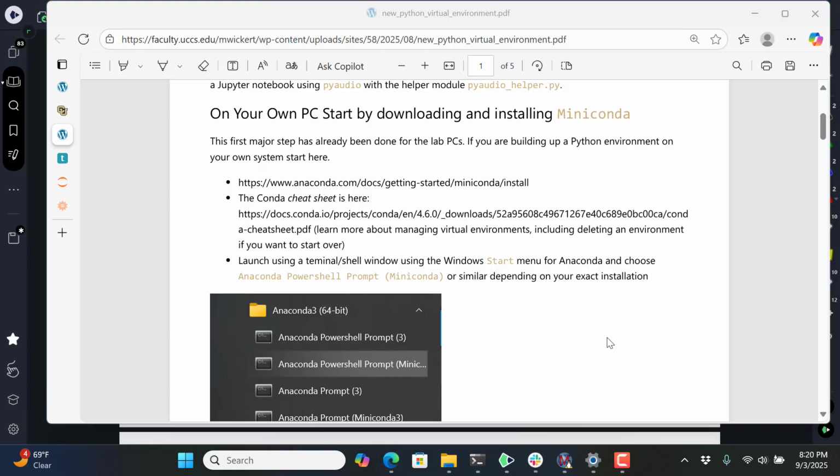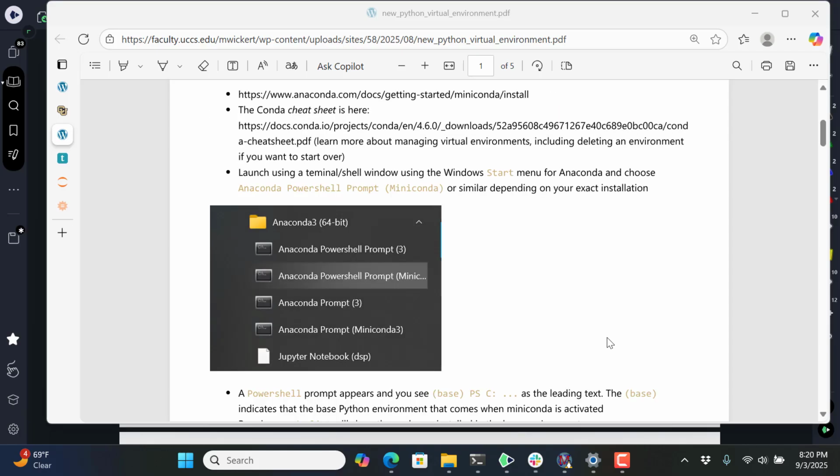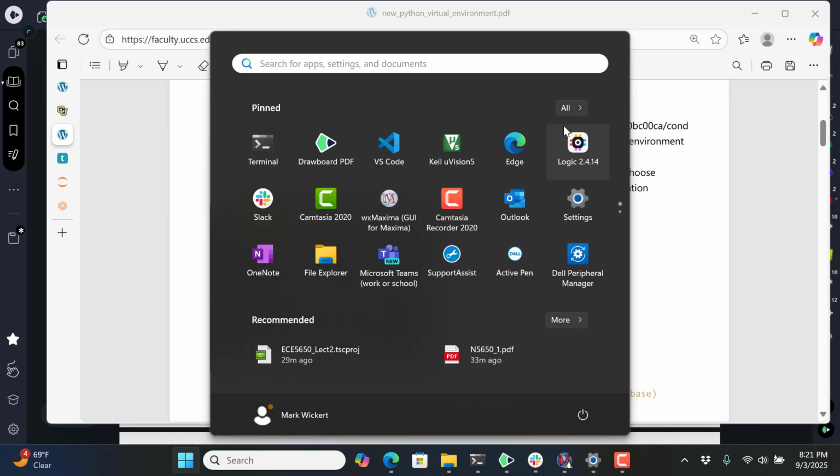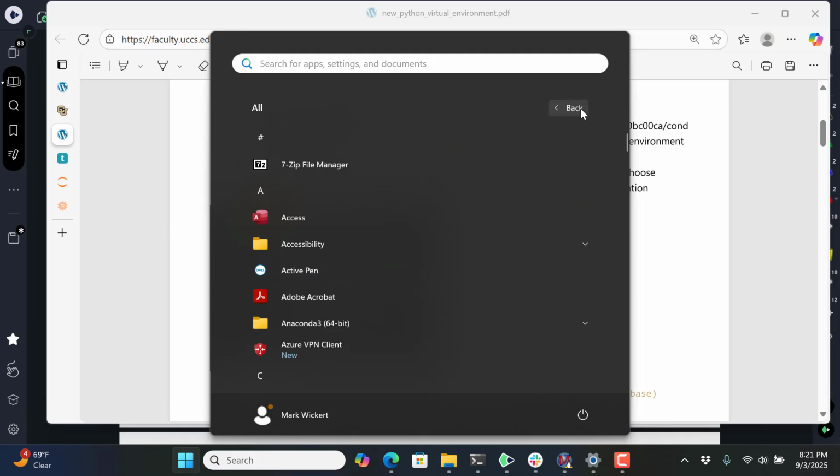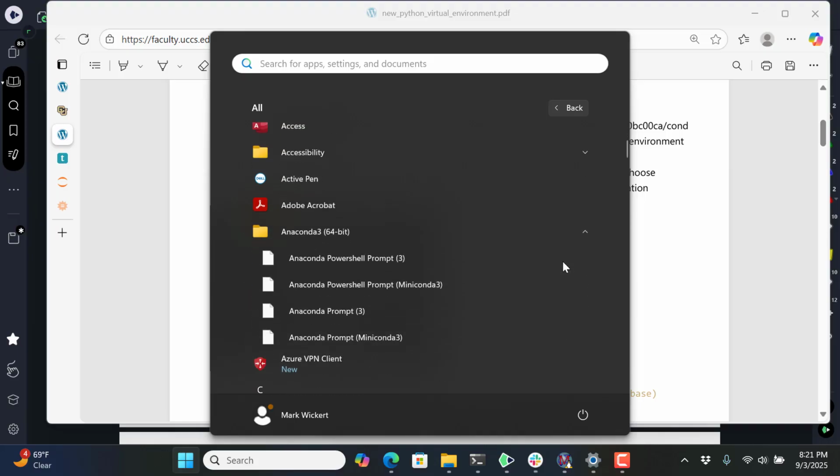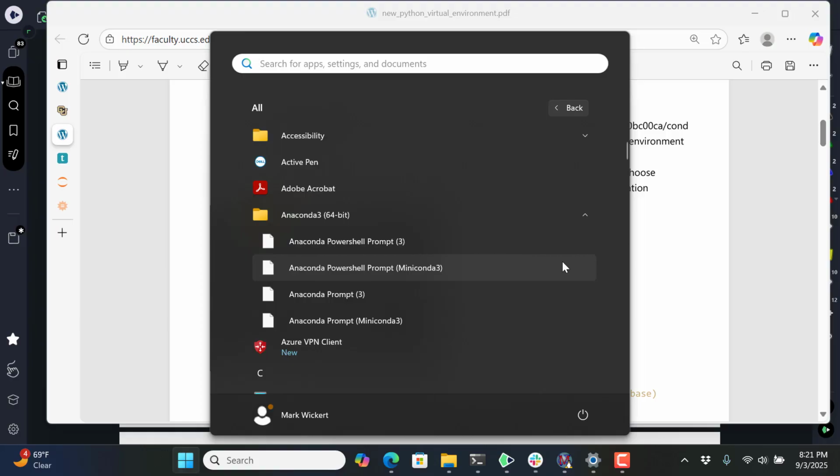So you get Miniconda installed, and you'll have something like this in your Windows environment to run it from PowerShell, an Anaconda PowerShell prompt, an Anaconda command prompt, something along those lines. The way you would find that out is you would go into here and find this menu, and then we would see the options, just like I showed you in that screenshot.